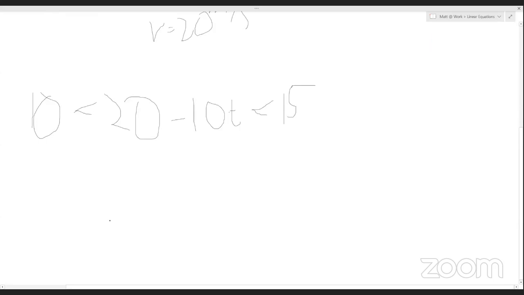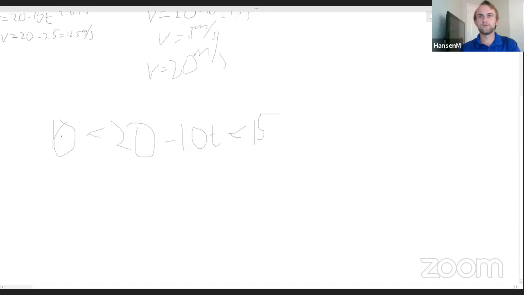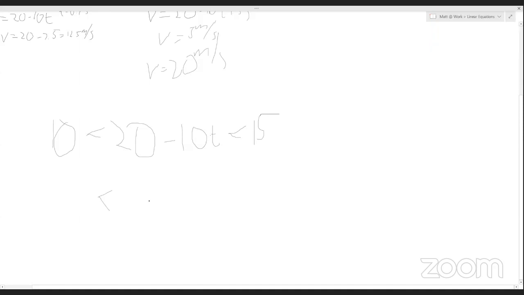And then next, I subtracted 20 on both sides. Okay. So first we're gonna do 10 minus 20. And what does that give us? 10 minus 20, negative 10. Exactly.